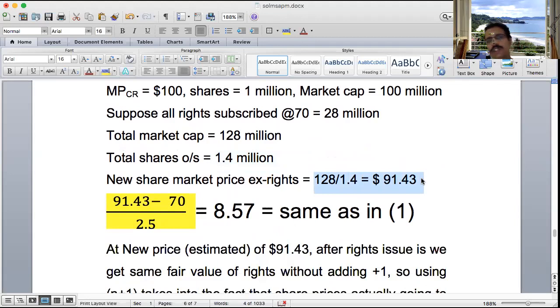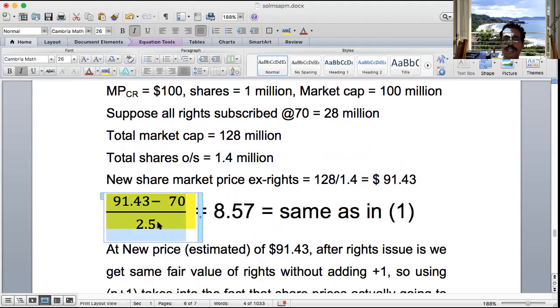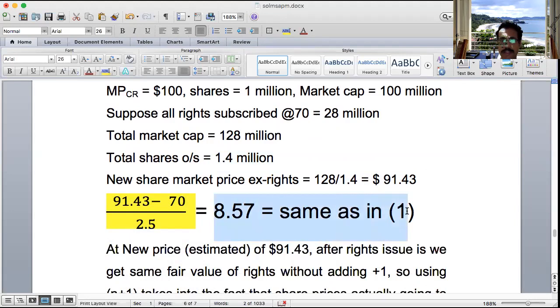So at this new market price, you calculate by dividing by n, because this is the market price without entitlement to the rights that the company was offering. So it has to be the same, 8.57 has to be same as earlier.